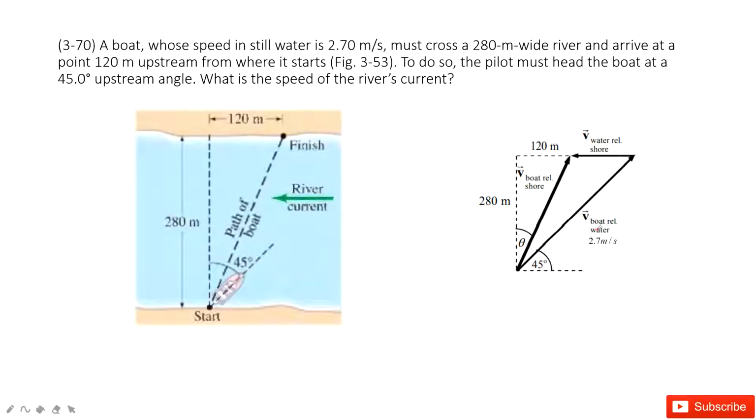It tells us there is a boat, and we want to make sure the initial point is there and the final position is there. We also know the velocity of the boat relative to the water, 2.7 meters per second, and the angle is 45 degrees.